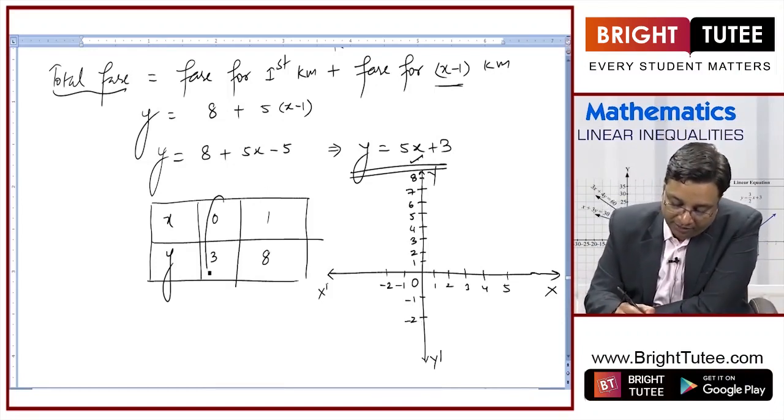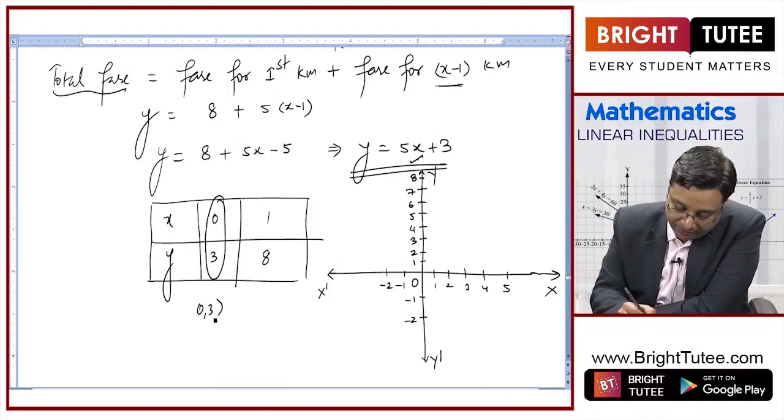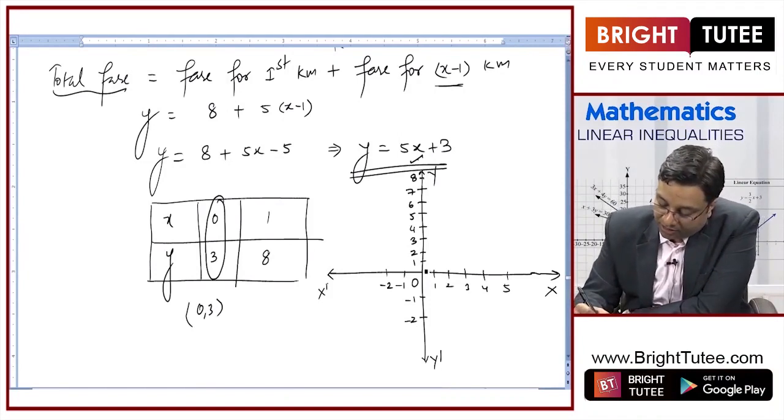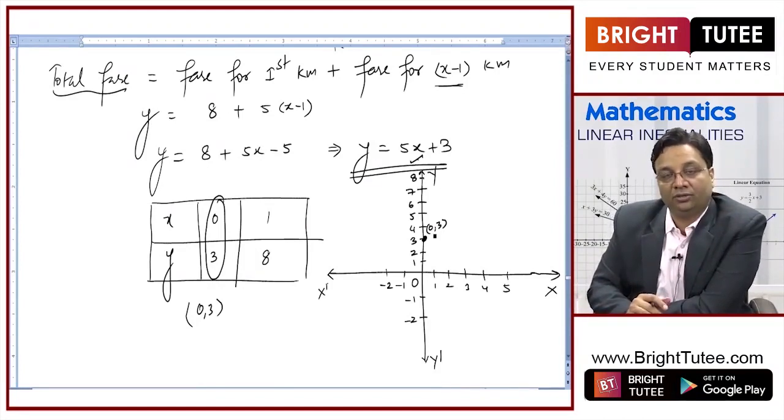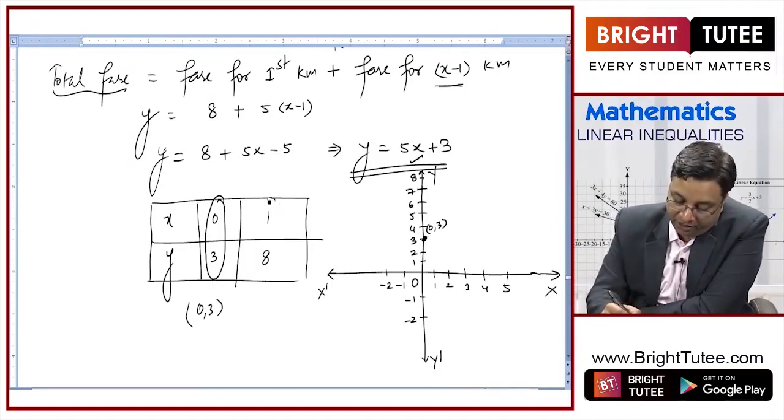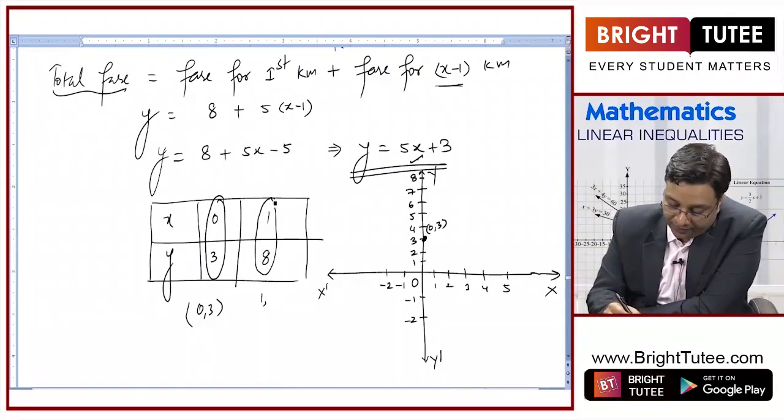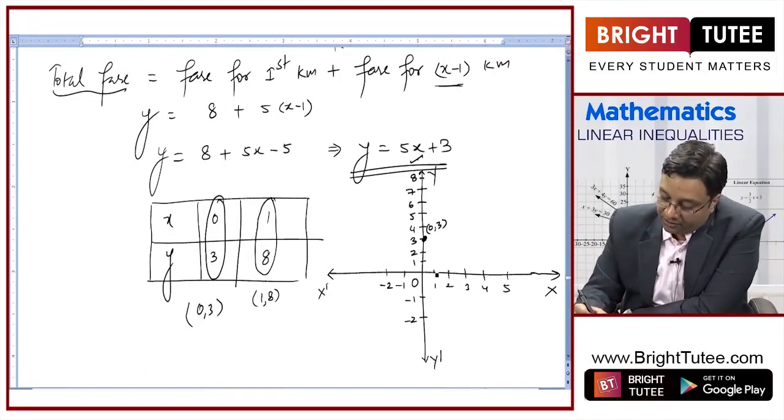Now, the first point I've got is 0, 3. So 0, 3 is this point, because abscissa is 0 and ordinate is 3. And we know how to locate these points because we have already studied coordinates. 1, 8. So 1, 8 will be this point here.